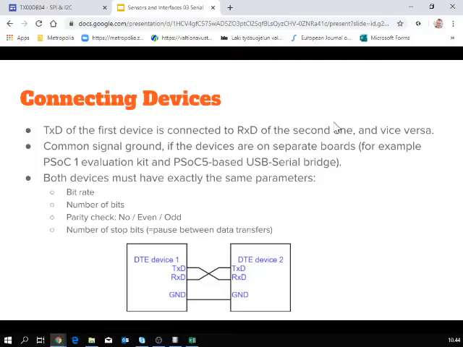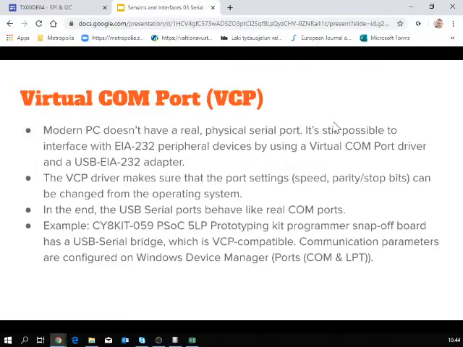Then you would connect transmit to transmit, because from that DCE point of view, transmit means input. Okay, just so that you don't get confused if you ever end up designing that kind of thing and you have a communication circuit.